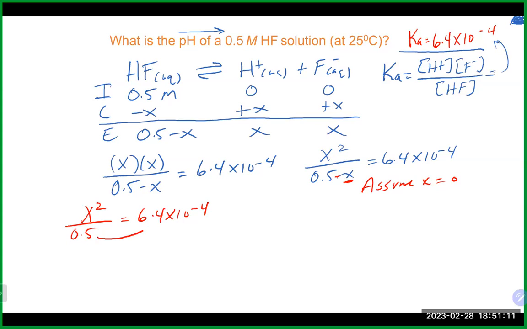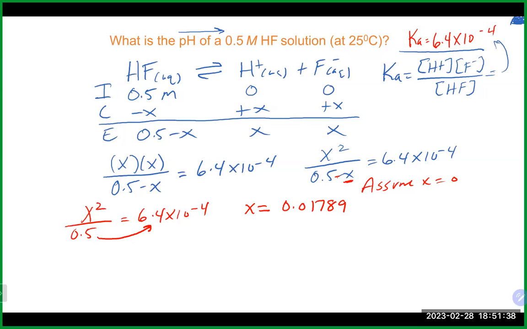We're going to multiply this to the other side, and then we're going to also take the square root of it as well. And if we do that, 6.4 exponent button negative 4 times 0.5 and a little square root action on that number will give us an x value of 0.01789. First off, any questions on that?